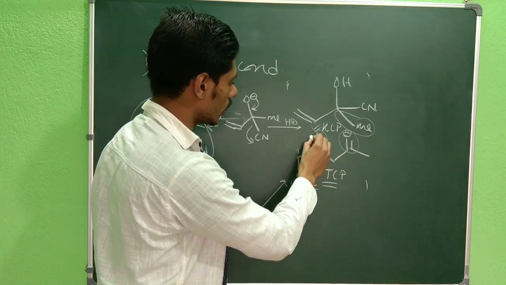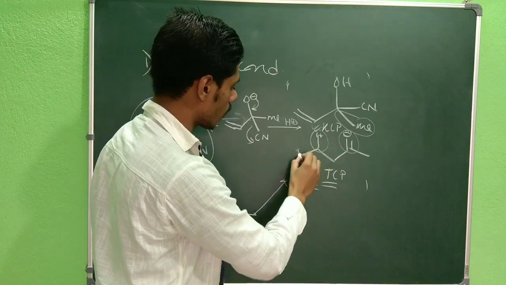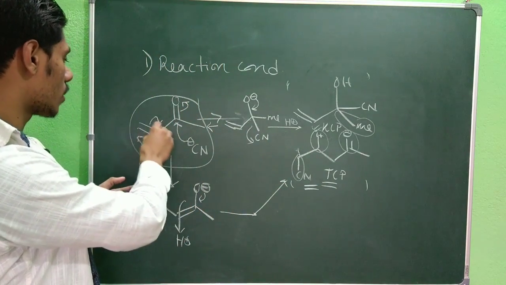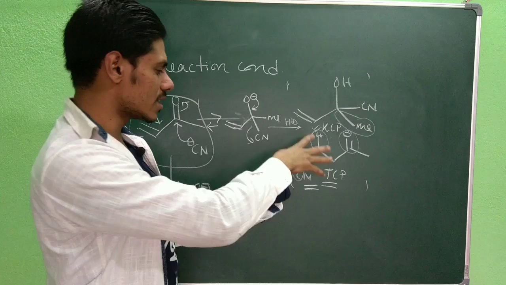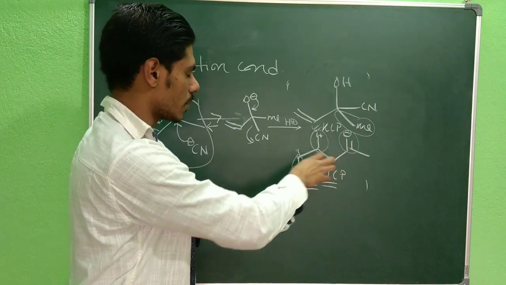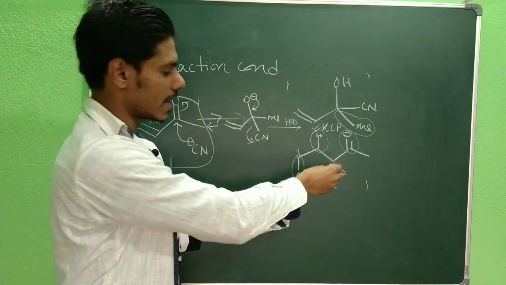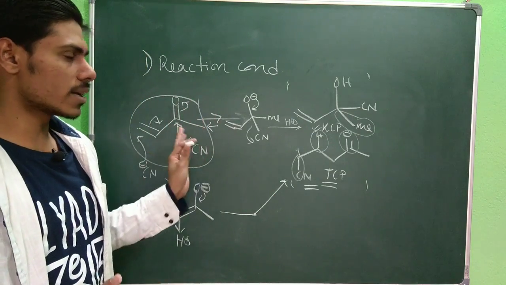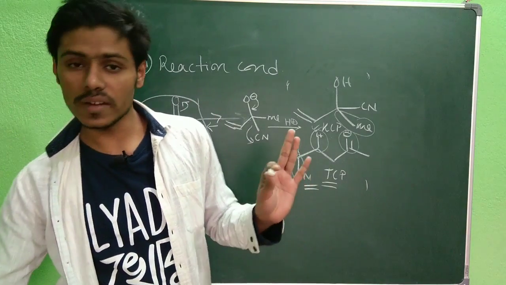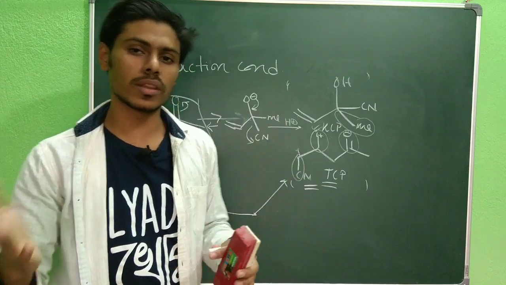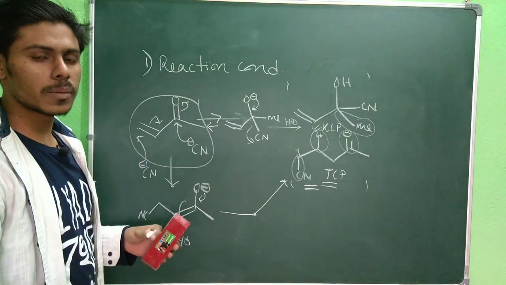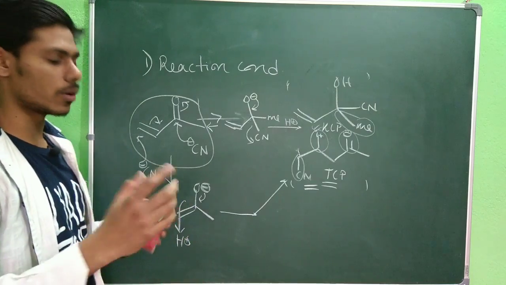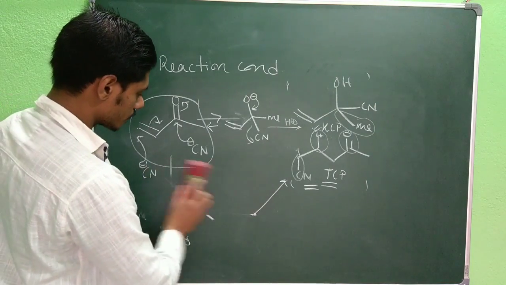Their total bond energy, the carbon hydrogen single bond and carbon carbon single bond, will be much higher than that of a carbon carbon double bond, and that's why with respect to energy, this particular compound is much more stable, and that's why it is the thermodynamically controlled product. So by this particular example, it is clear how the reaction condition controls whether a reaction will give you the 1,4 addition product or the 1,2 addition product, right?